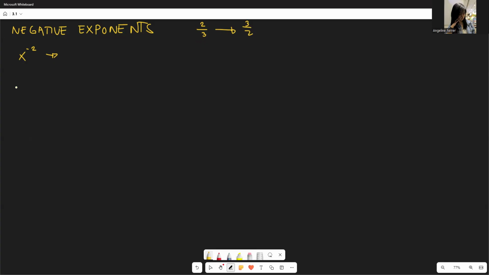So x raised to negative 2. But how do we know its reciprocal? It's just a whole number. It doesn't have a denominator. Okay, so what you need to do here is put a 1 here. Okay, so what is the reciprocal of this value alone?